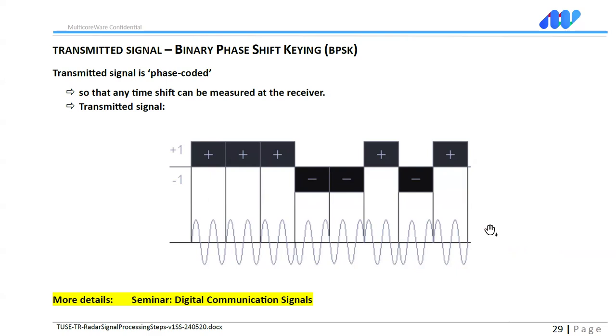Most of the digital codes are preferred this way. And you could have other types of signals that we're going to study in digital communication signals. We will see different phase shift keying, frequency shift keying, QAM, and other types; mixed type signals are possible.